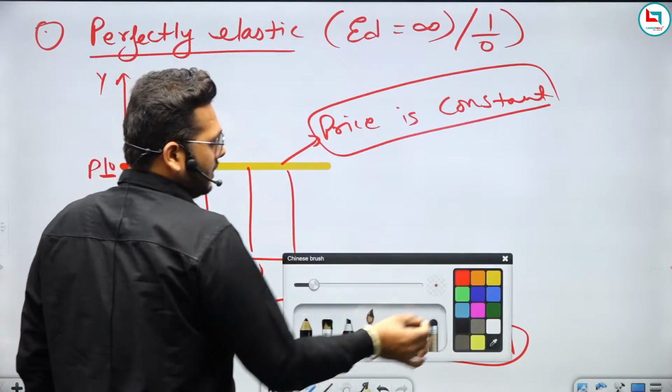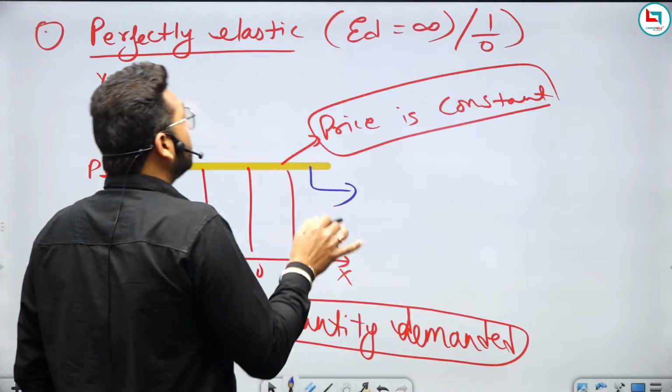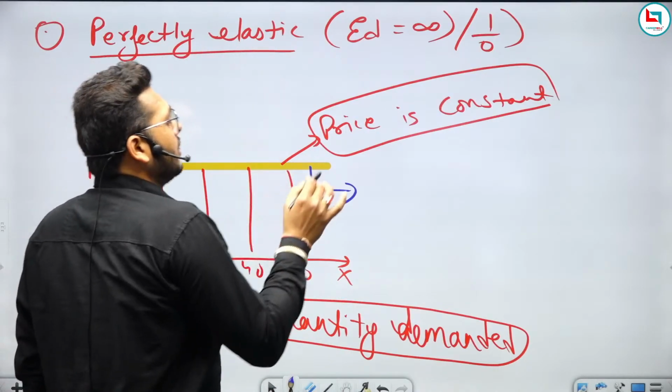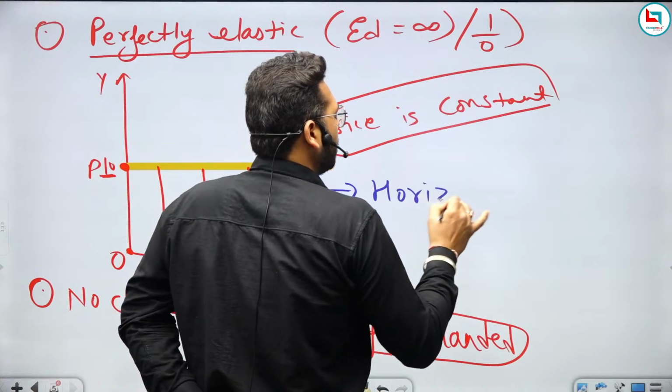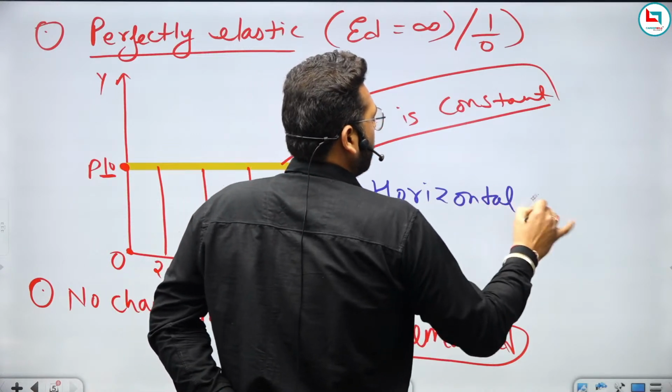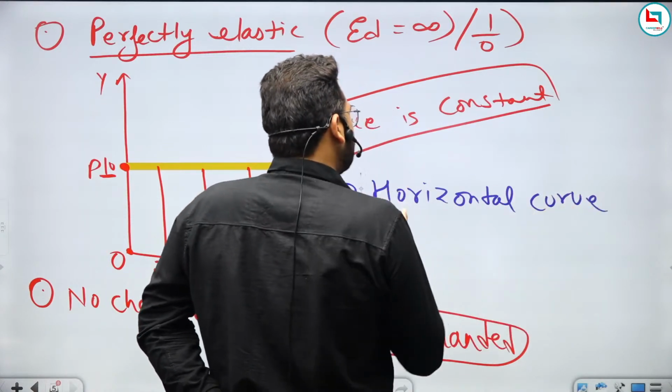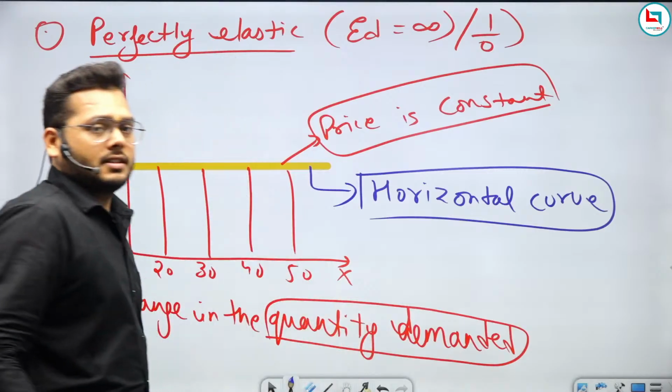So you can answer that in perfectly elastic we are getting the horizontal curve.